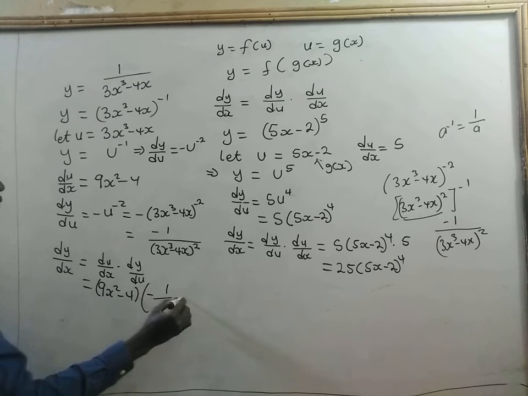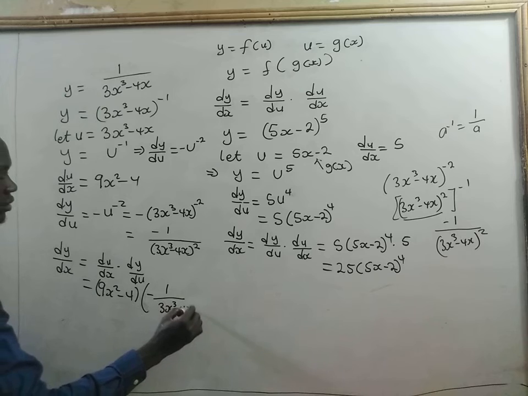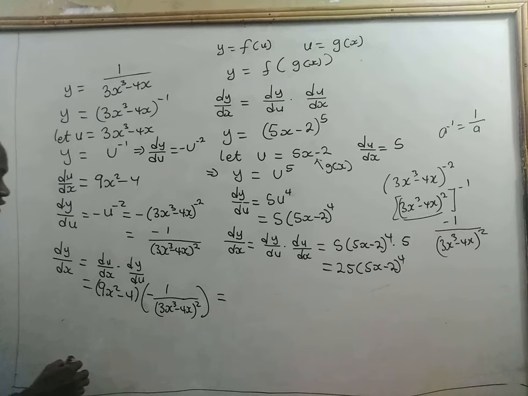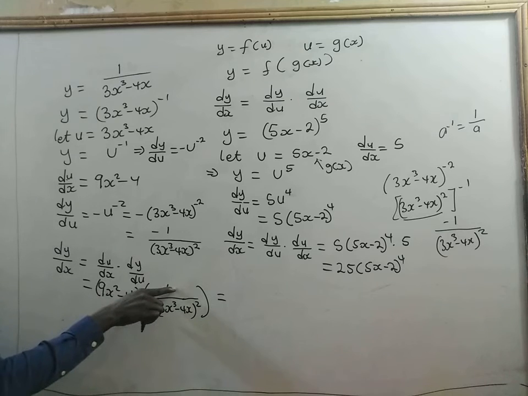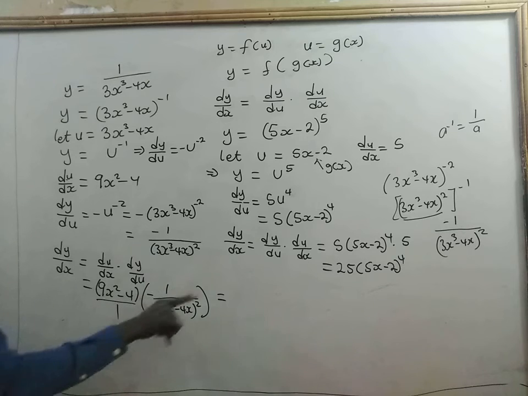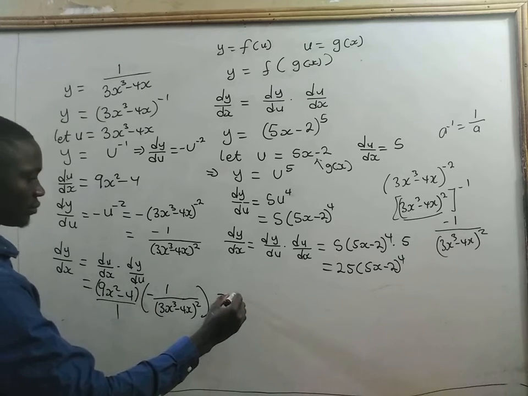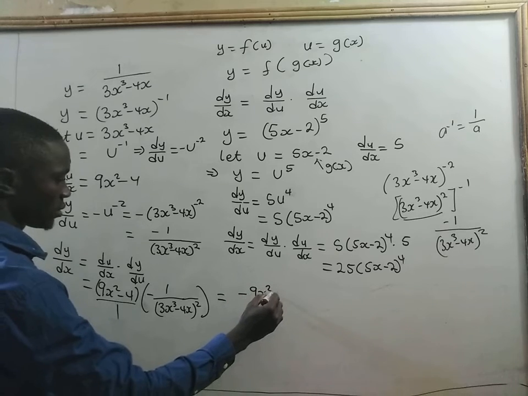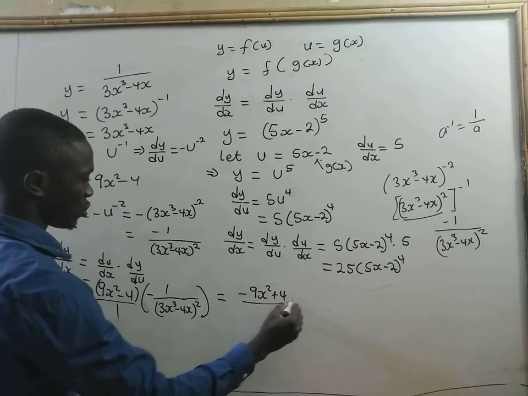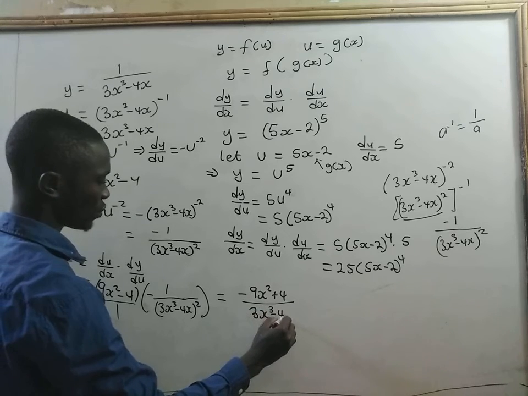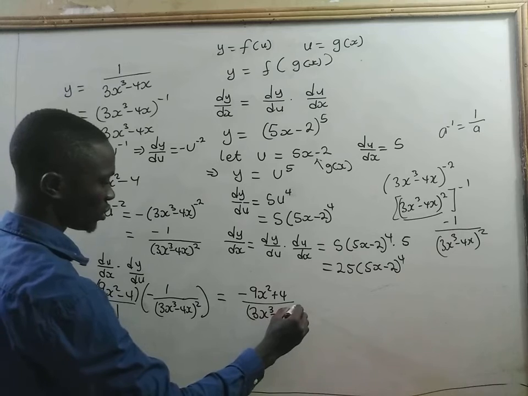So into (3x cubed minus 4x) squared. And this will multiply the numerator because all of this is out of 1. So we have negative (9x squared plus 4) all divided by (3x cubed minus 4x) to the power 2.